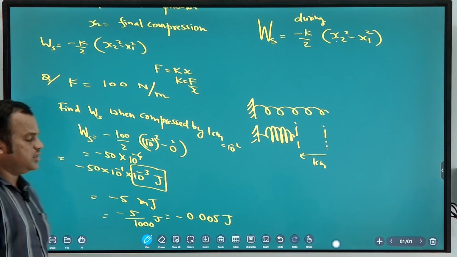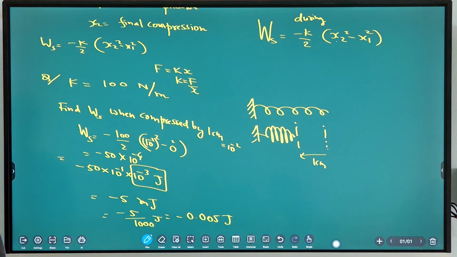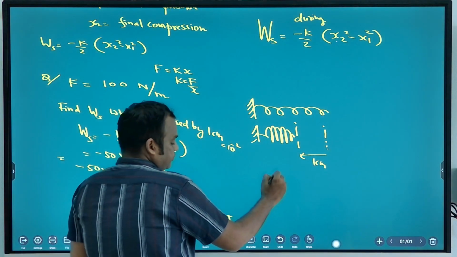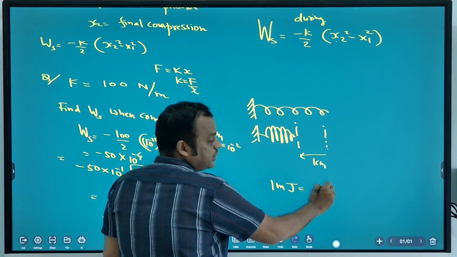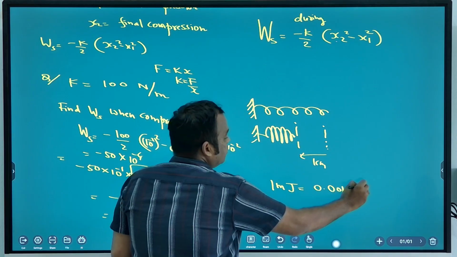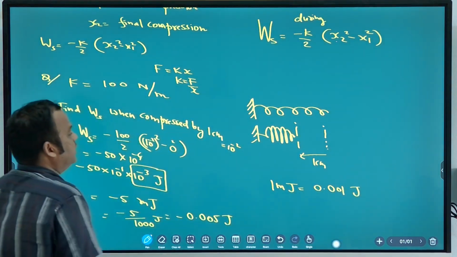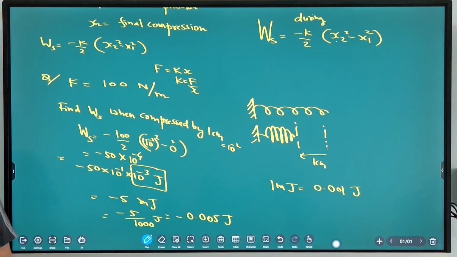Okay, understood. So you should be ready to find answer in millijoule, joule, both. Okay, fine. So 1 millijoule is equal to, tell me, 0.001 joule. Okay, clear. Okay, done.